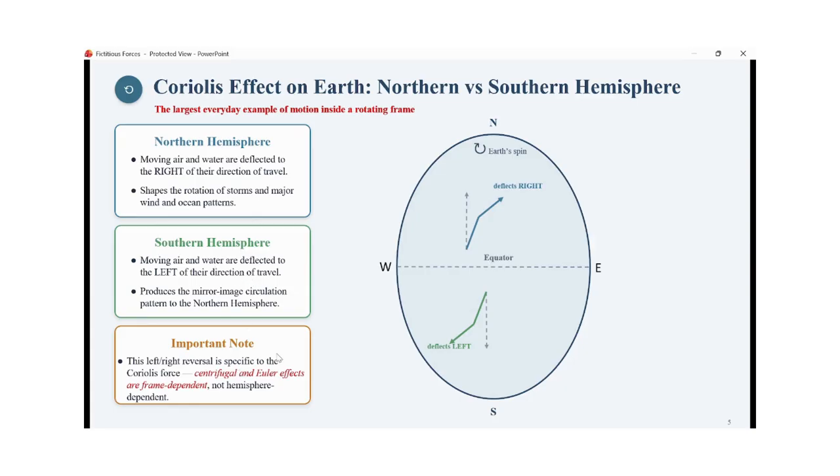An important note about the effect of Coriolis force is that this left-right reversal is specific to the Coriolis force. This left-right reversal doesn't occur for centrifugal and Euler forces, because these forces are frame dependent. These do not depend upon the northern or southern hemisphere.